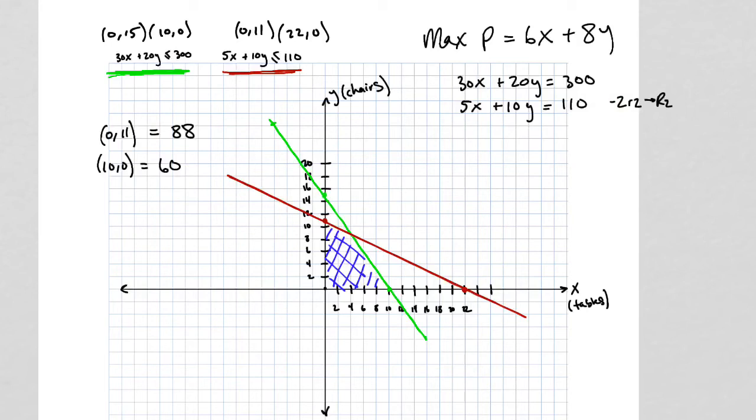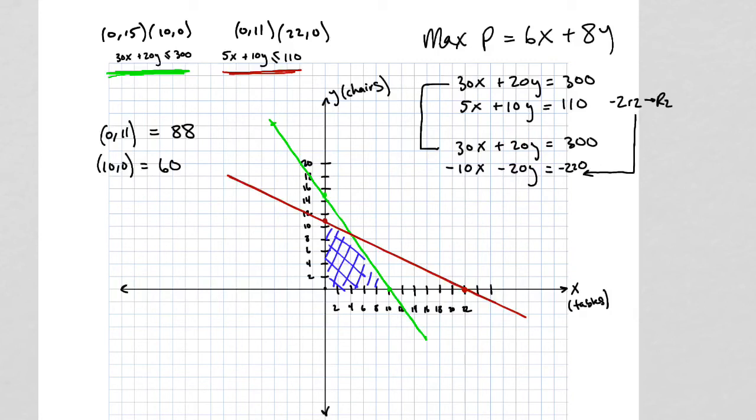So first let me write this one: 30x plus 20y equals 300. When I do this, negative 2 times 5 gives us negative 10x, negative 2 times 10 gives us negative 20y, and negative 2 times 110 gives us negative 220. Now I'm simply going to add these two equations together to get rid of the y's.